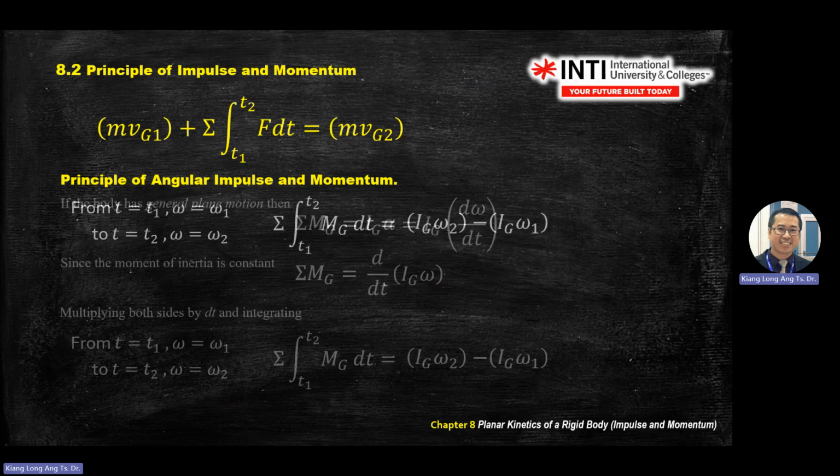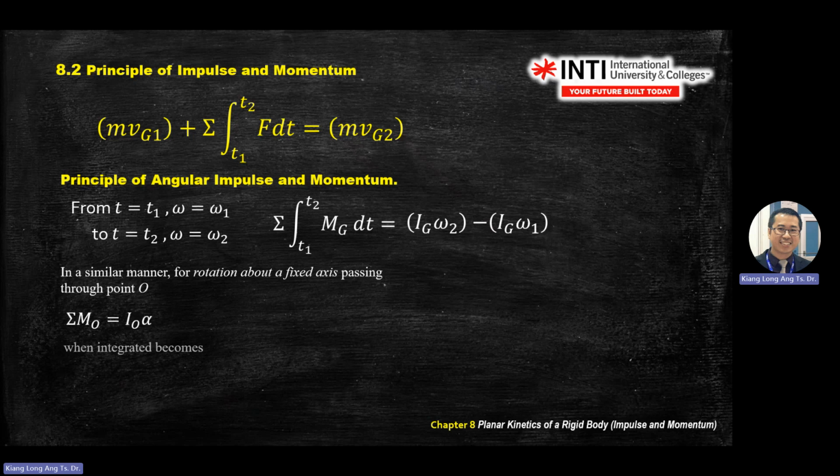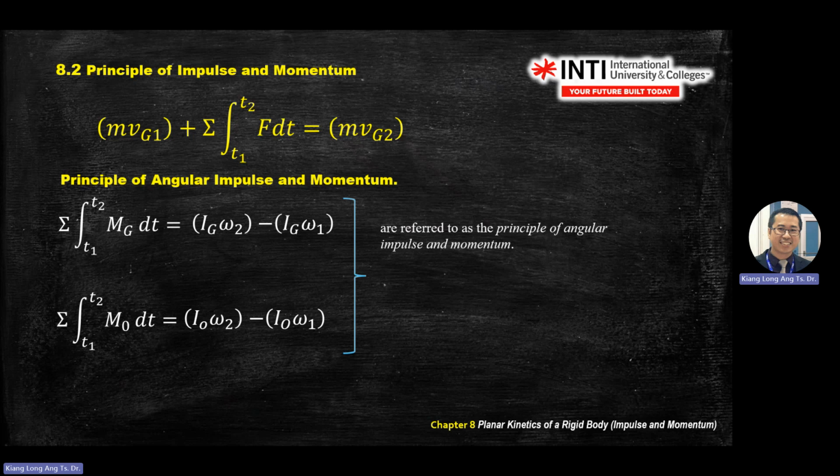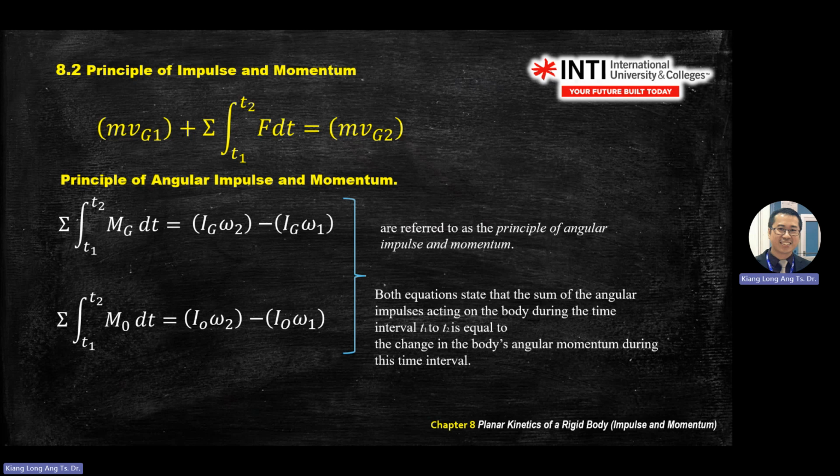So in short, there are two equations with the same structure, which is moment multiplied by time equal to the change of angular momentum. Or you can write this as h2 minus h1. What is h? h is I omega.